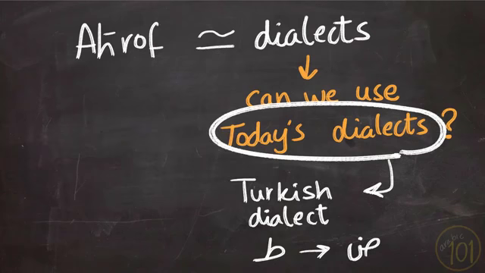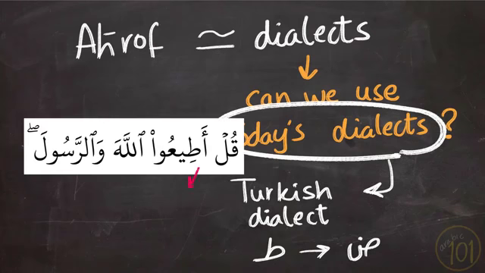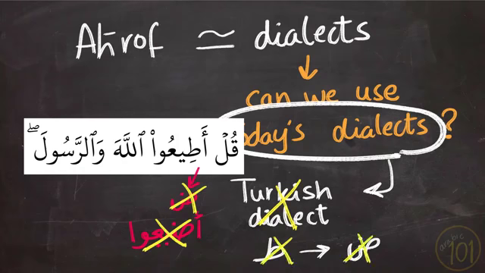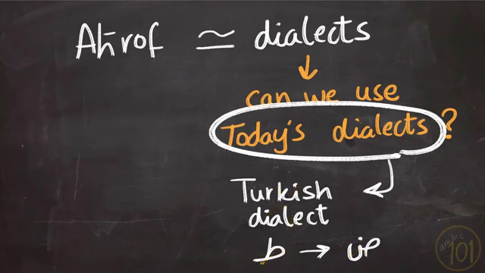But the problem is, if you come across an ayah like this and you apply this rule to it, you would completely change the meaning of the ayah to a point that is completely unacceptable. قُلْ أَطِيعُوا اللَّهَ وَالرَّسُولَ. And of course, أَطِيعُوا is a completely different word than أَطِيعُوا. So the contemporary variations of the Arabic language nowadays cannot be used to read the Holy Quran.